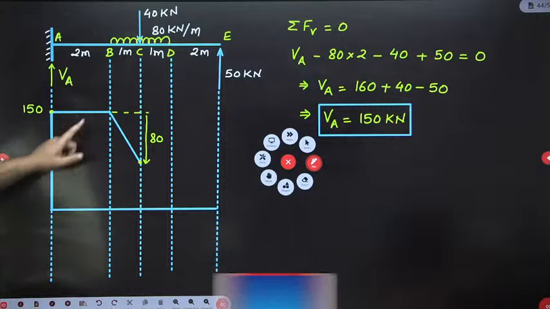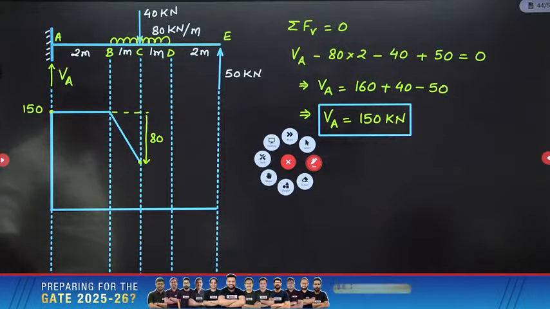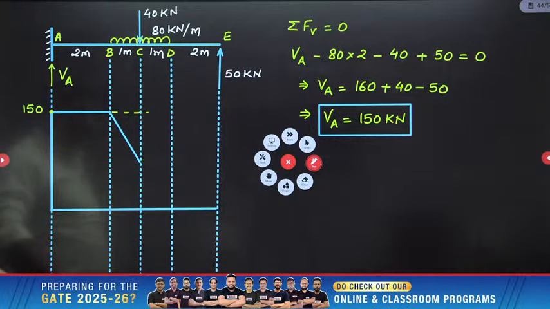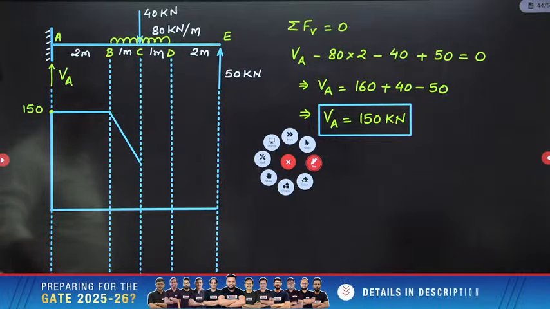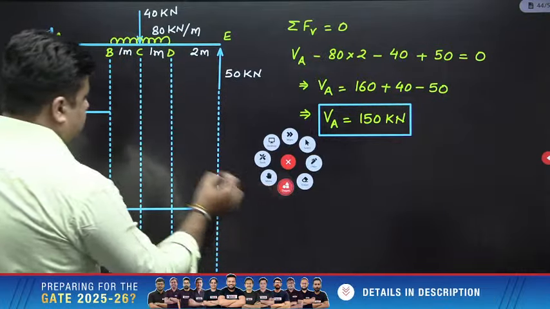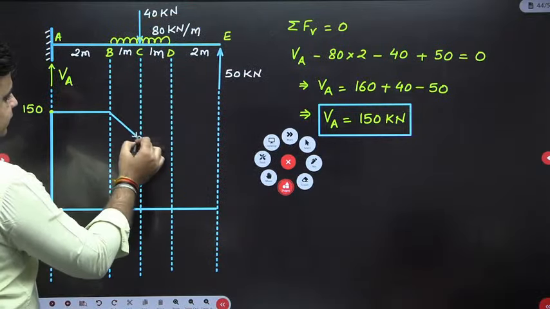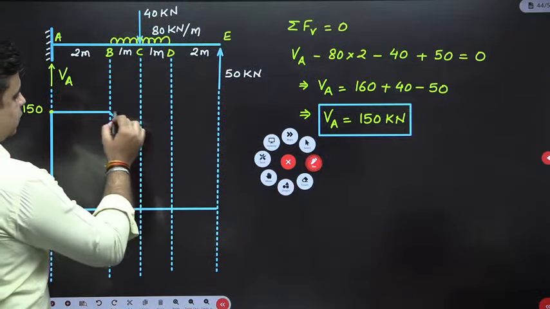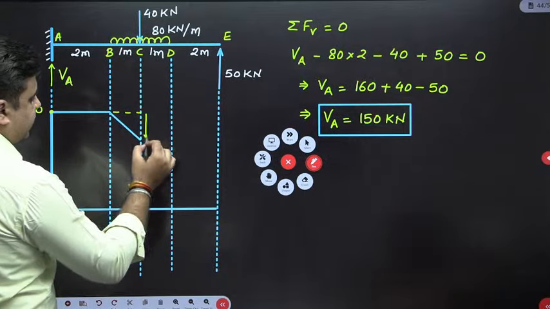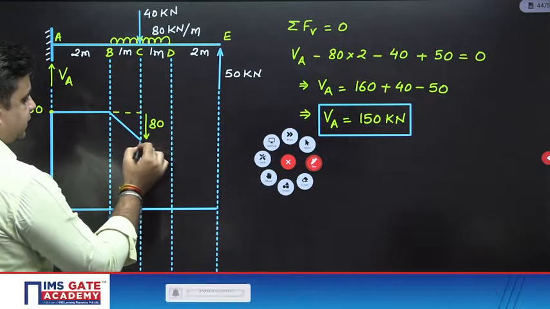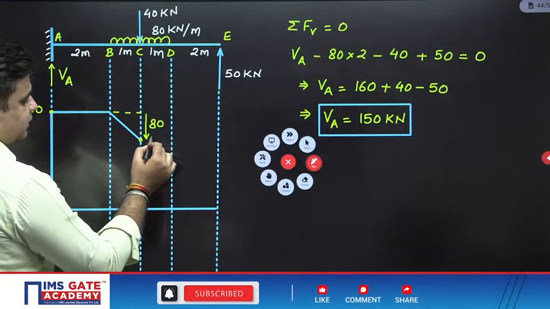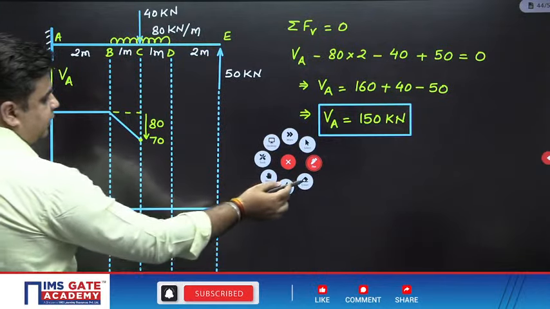So this downward movement will be 150 minus 80, that is 70. Let me draw this. So this is 70. This downward movement is 80, so this will be 150 minus 80, so this will be 70.